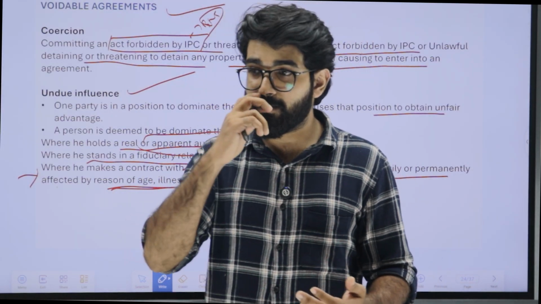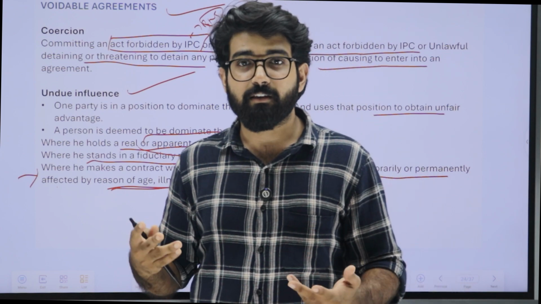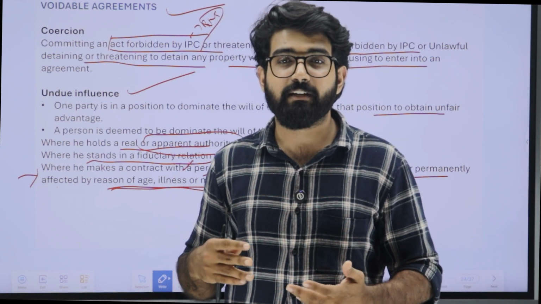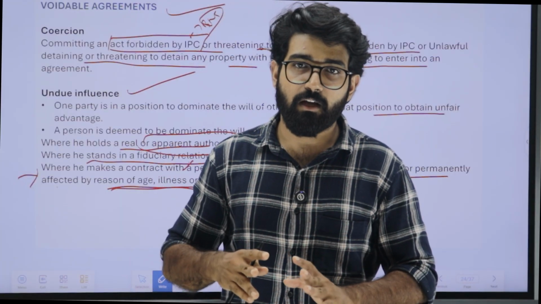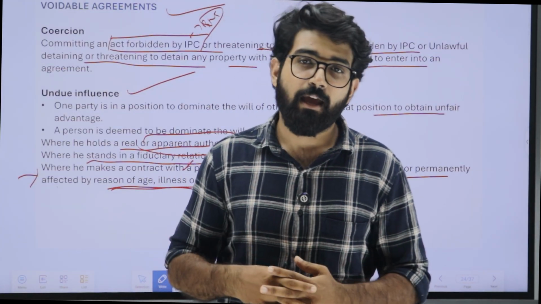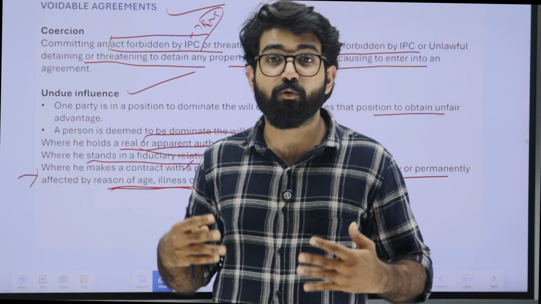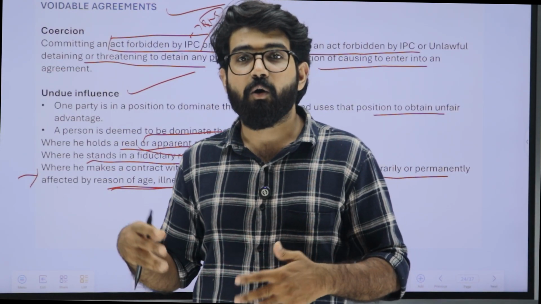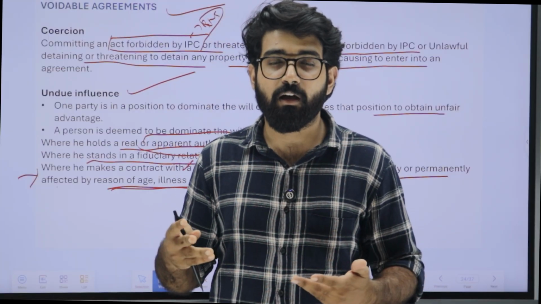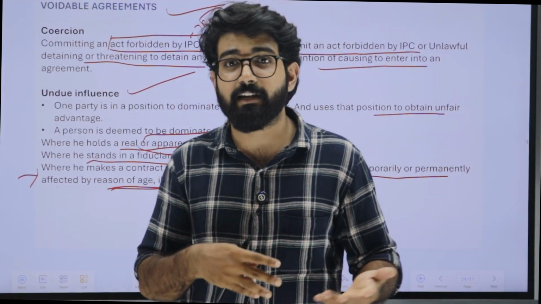Think about a circumstance when a father is residing with one of his sons in his native place, and his other heirs are abroad. There is a very good chance that this father might have transferred all his wealth or estate to the son with whom he is residing.